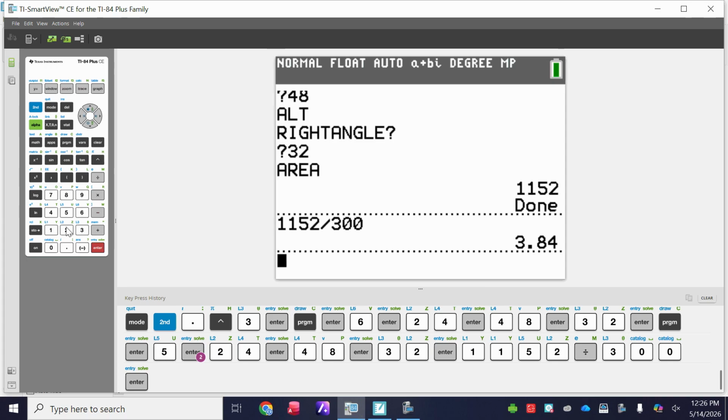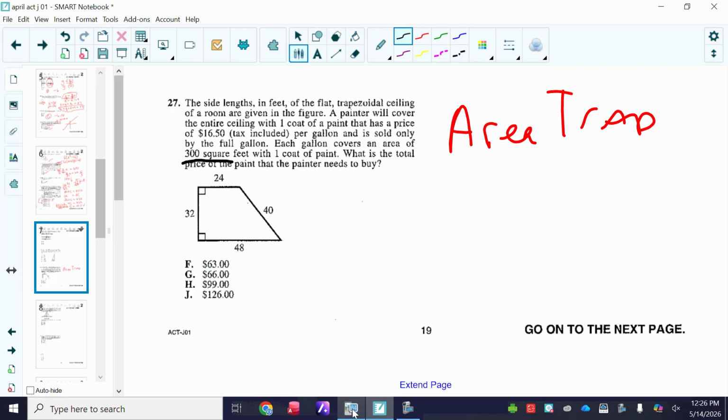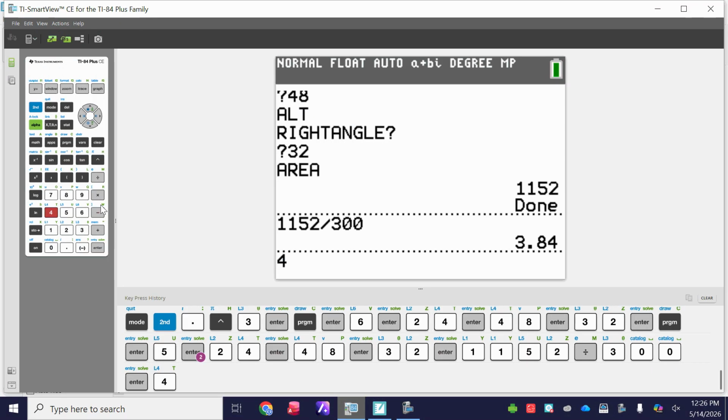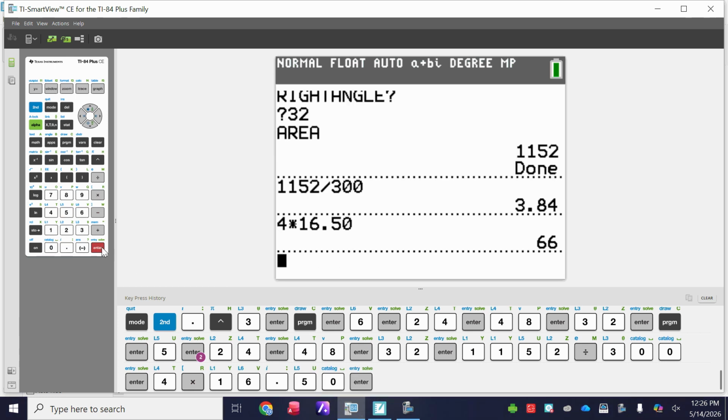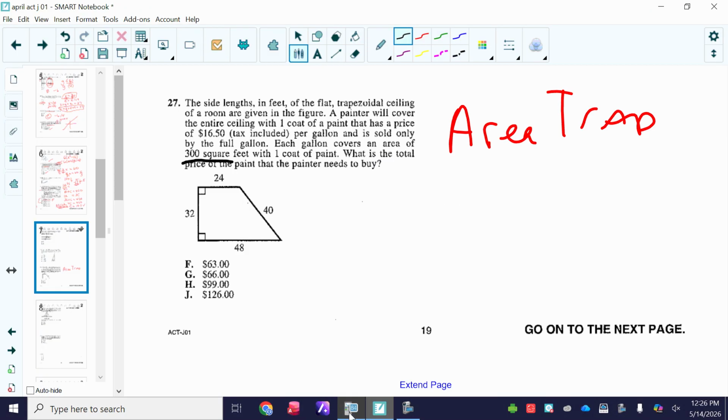I can't go to the store. I need to buy a 4th gallon. I can't buy 3.84, and each gallon costs $16.50. So there you go. It is a $66 job. Choice G.